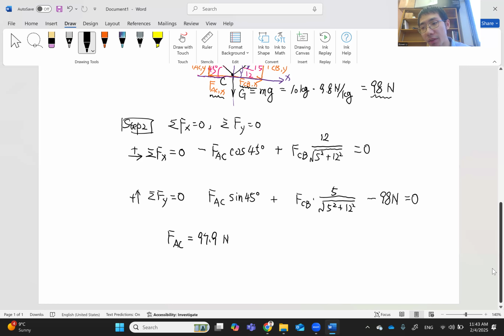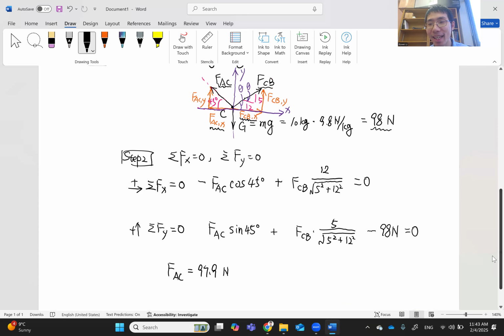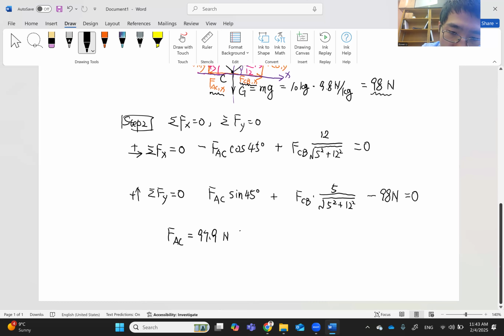The direction of the force is exactly the same as what we assumed. It is tension or compression. We assumed tension, and we find it is positive, meaning it is tension. Typically we write T for tension. We also find FCB equals 75 Newton. Again, it is positive, meaning it is tension.